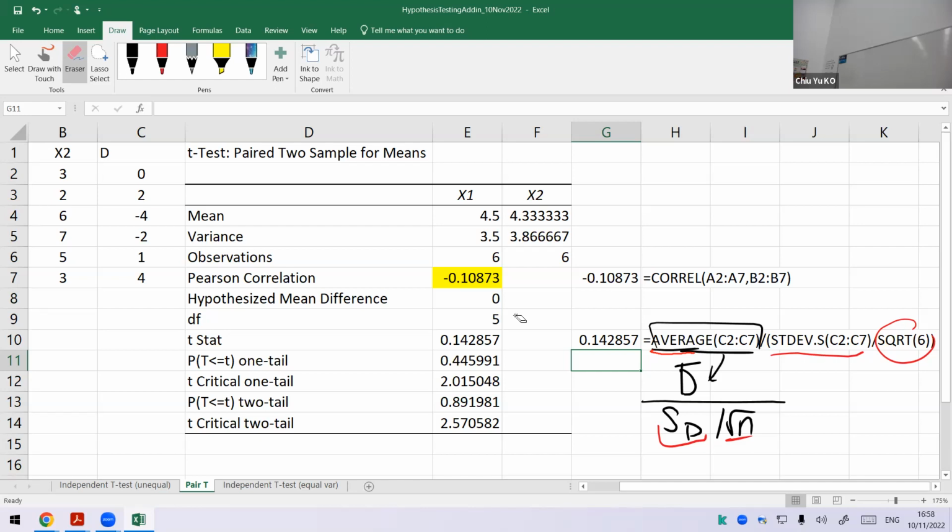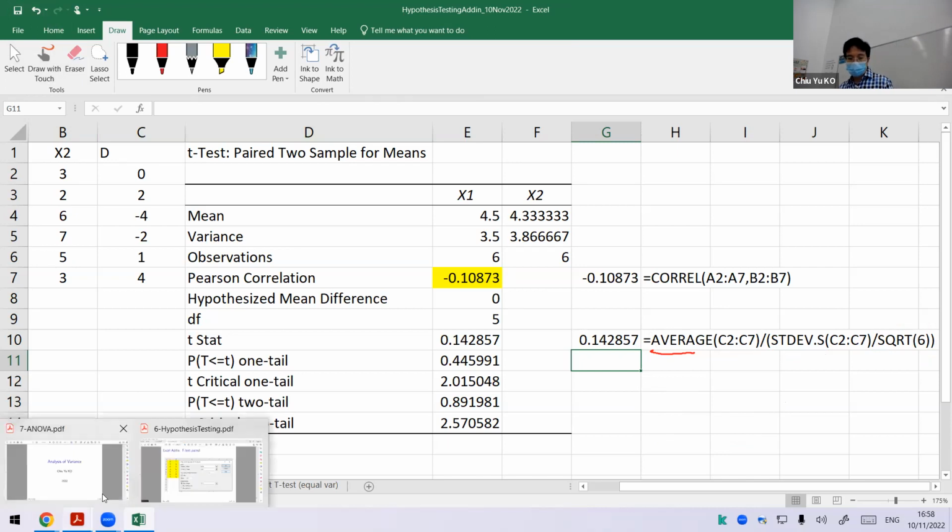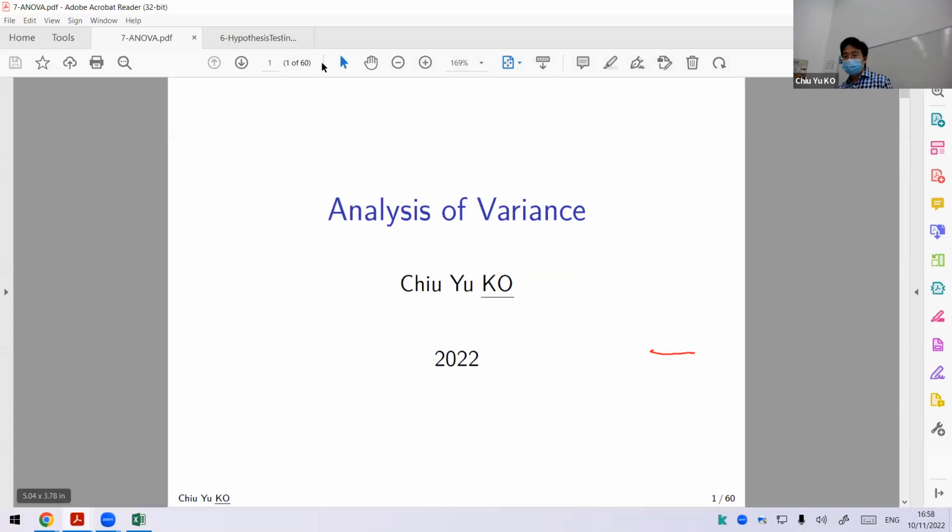Remember, we don't have a midterm, so the homework has to be done in some way, to make sure you study. Otherwise, you don't know whether you know it or not. Later I will put this Excel file on Blackboard. You can check it out. If there are no questions from you, then we will talk about ANOVA.